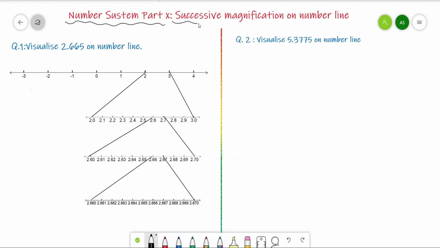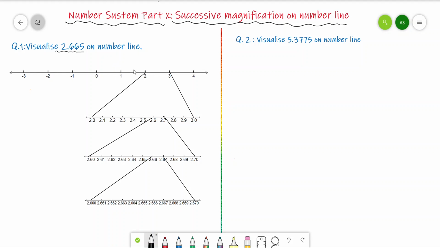This is the 10th class and today we are going to discuss one topic which we have left in the middle of the chapter, which is successive magnification on number line. If you can see, there is a number written over here, that is 2.665.